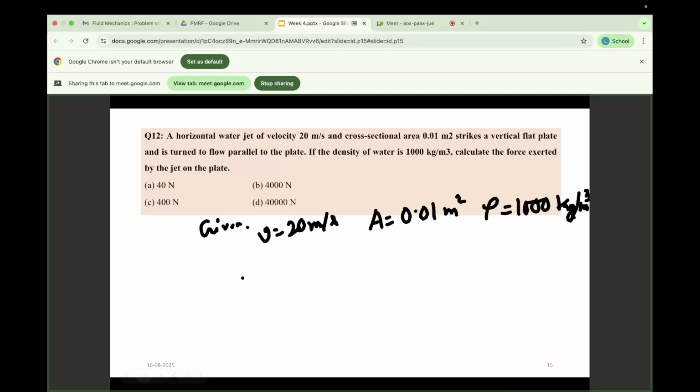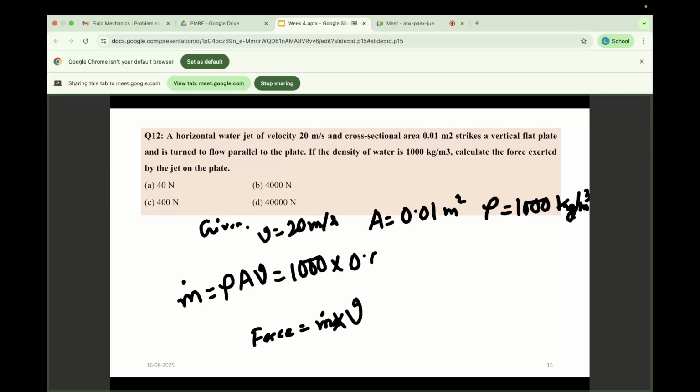So I need to calculate the force. Also, what I have said, that this force is equal to mass flow rate into velocity. So mass flow rate means m dot into velocity. So how can I find out mass flow rate? M dot means rho A V. Rho is 1000, area is also known as 0.01, and velocity is 20. So what will I get?